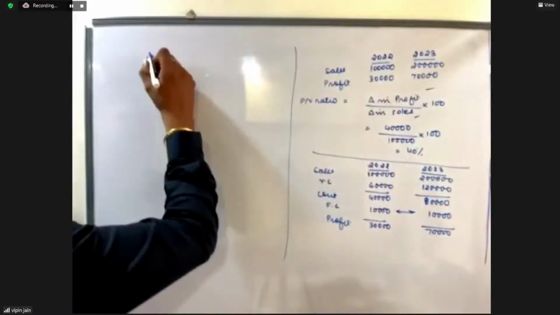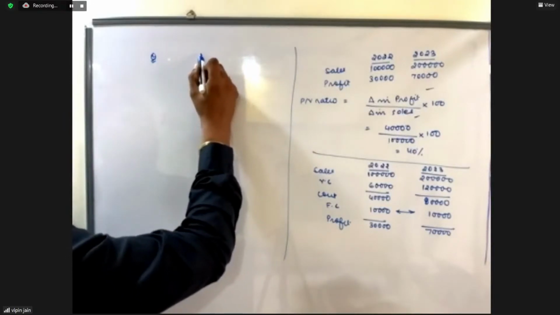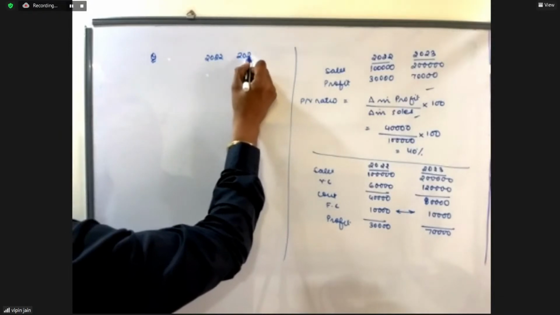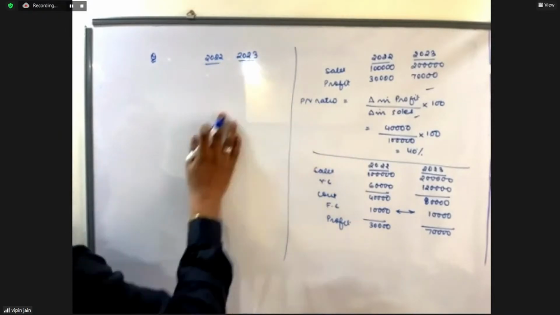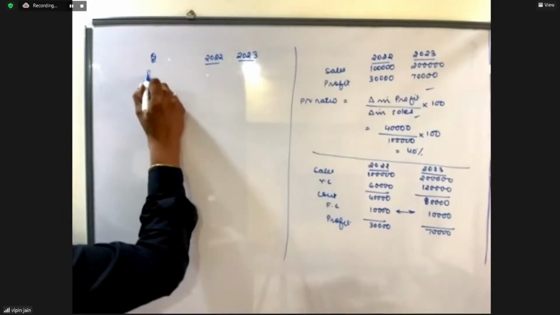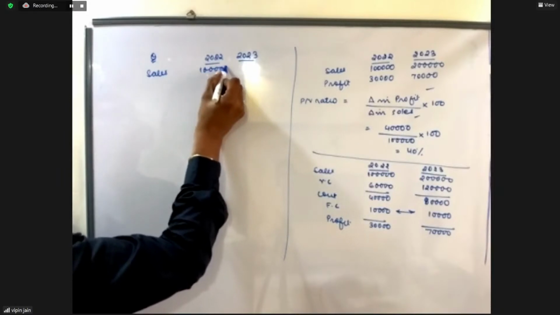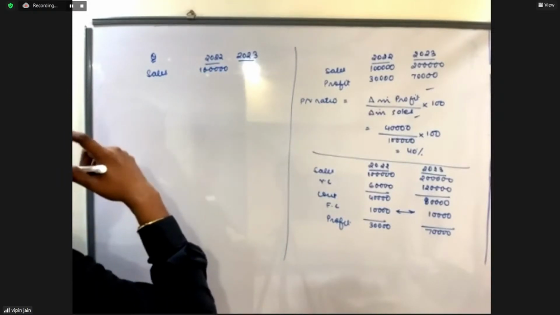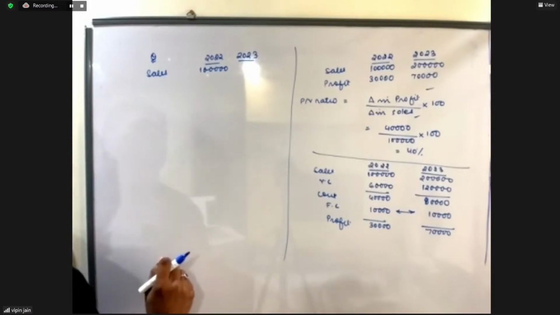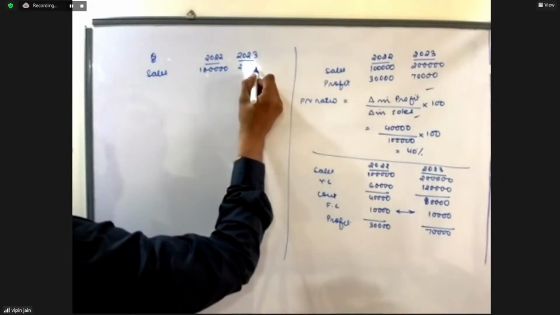So now a question for you guys. Let's say my sales is 1 lakh and 2,20,000.